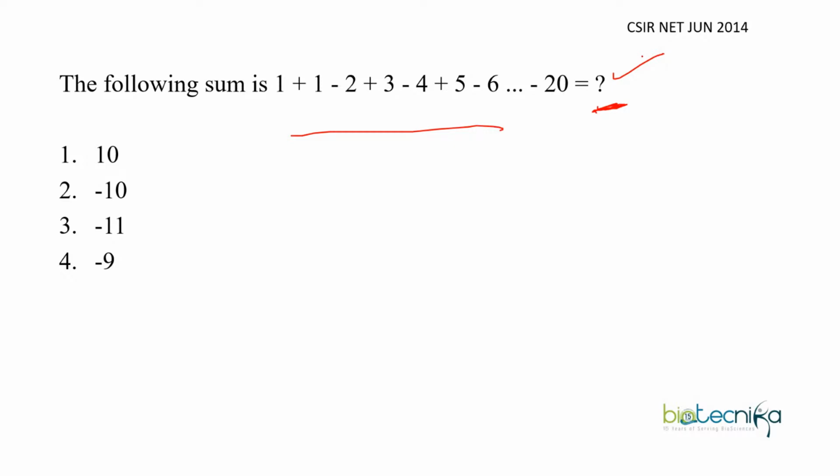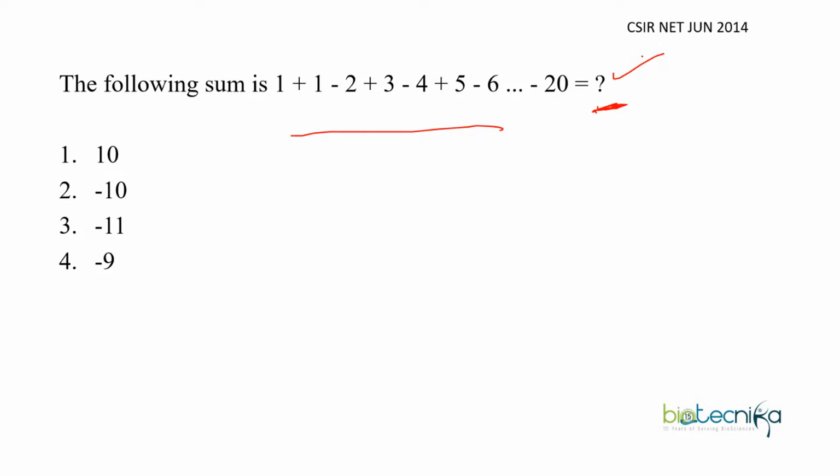What is going on in this series? Anyone able to figure out what is happening? Plus is going on, minus is happening, then plus, then minus again. It is very easy. Don't put too much of your brain. It is simple, just watch the series. What is happening there?